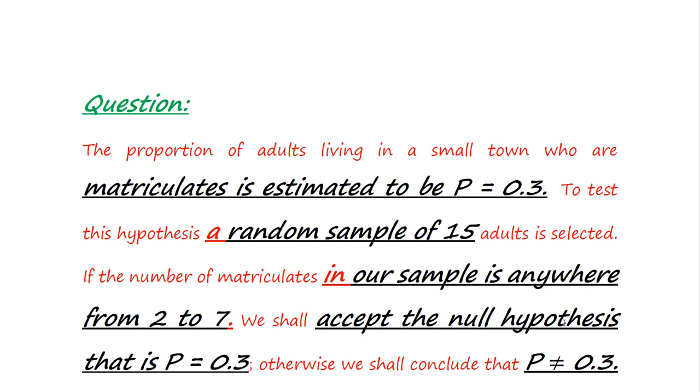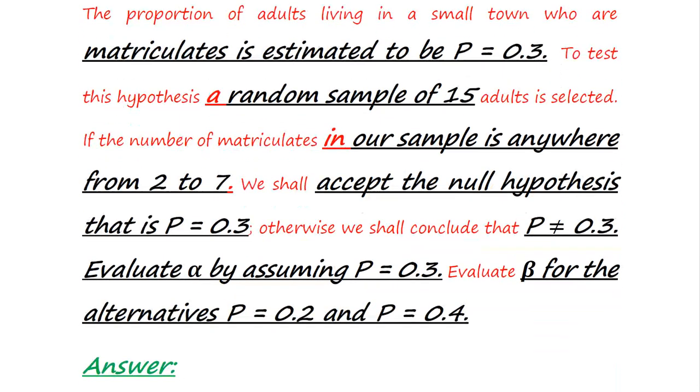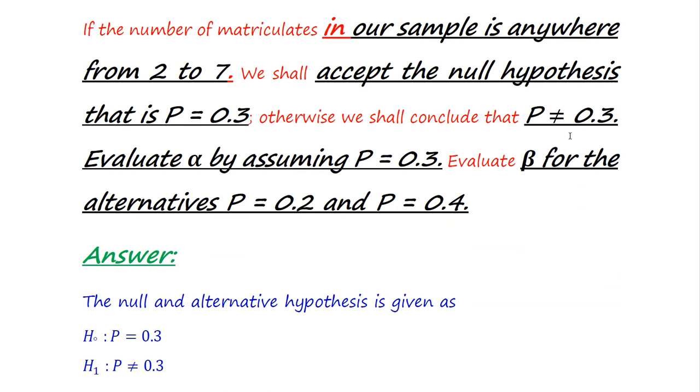We shall accept the null hypothesis, that is P is equal to 0.3. So this is our null hypothesis which we want to test. Otherwise we shall conclude that P not equal to 0.3. This is our alternative hypothesis.